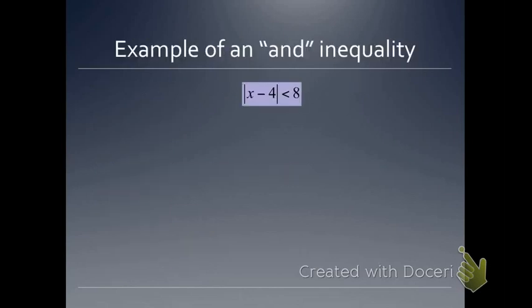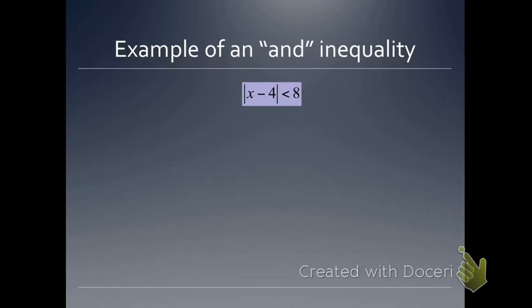So let's run through an example, and let's think about what this is telling us. If we take our input x and subtract 4, we're going to get a number that's less than 8. Those will be the numbers in our solution set.